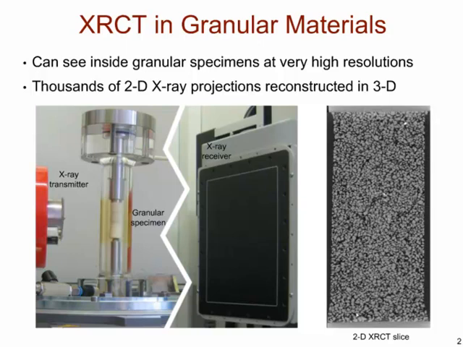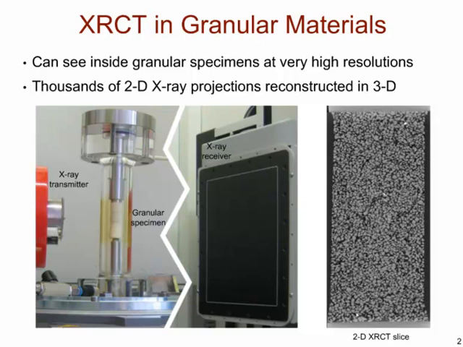So X-ray is a proven technique to be able to capture these pictures that Roman was showing us earlier and stitch together pictures of samples in 3D. So it allows us to look inside of samples, but more importantly, these are samples that are also being sheared in the triaxial chamber at the same time.